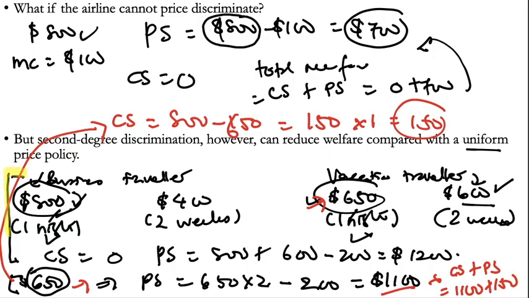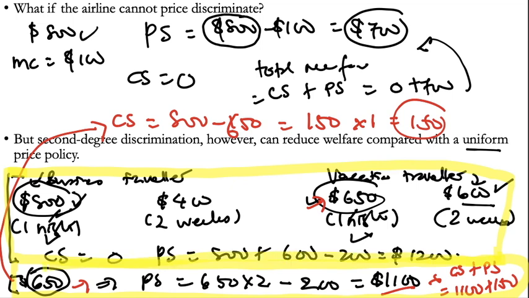The first case here until here is the example of second degree price discrimination for this airline, isn't it? And the second one here is when there is no price discrimination. When there is no price discrimination, the social welfare is 1,250.